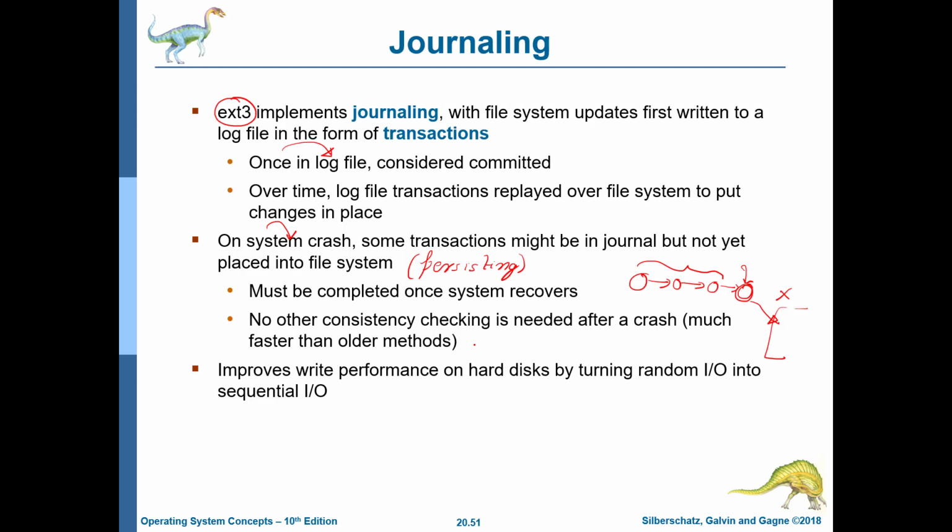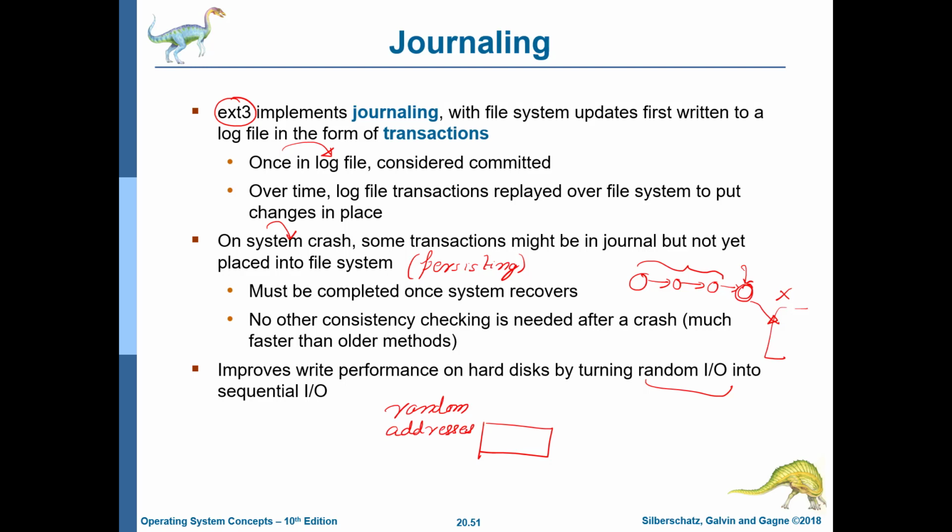The other thing is that in terms of performance, we can turn random IO into sequential IO. Because of the way a hard disk is designed, if we have random addresses, the performance of the hard disk suffers, because our seek time and rotational delay will be very high.